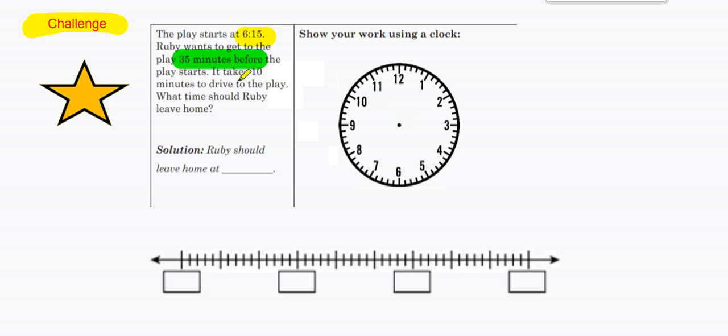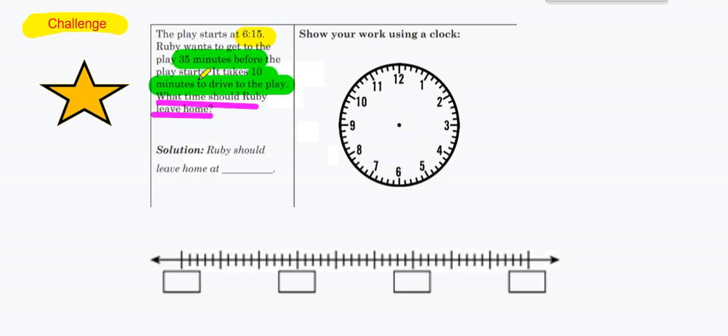And it takes 10 minutes to drive to the play. The question is, what time should Ruby leave home? What time should she leave home?